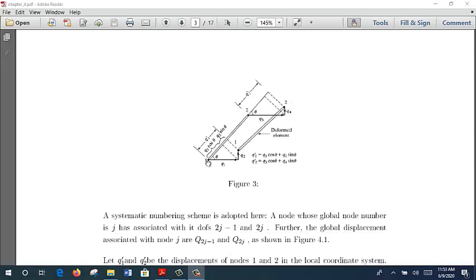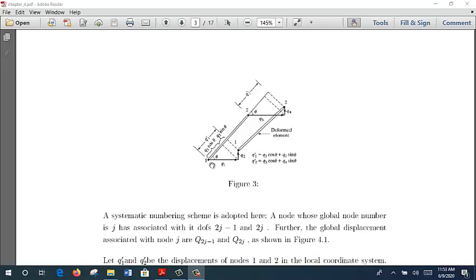So from here, we have our degrees of freedom Q1, Q2, and then Q3 and Q4. The Q bar 1 here represents the local displacement. The local displacement for this one is calculated by Q1 cos theta plus Q2 sin theta.